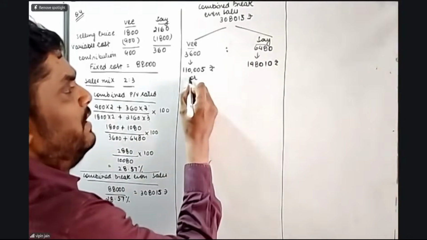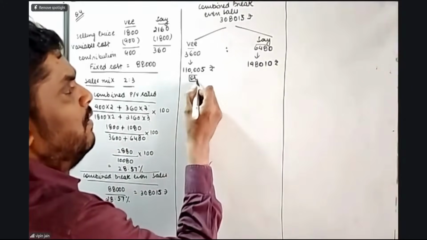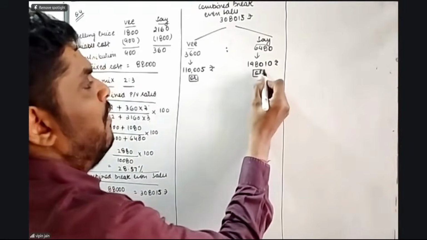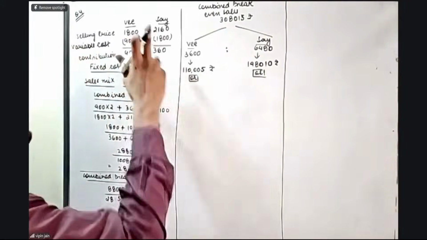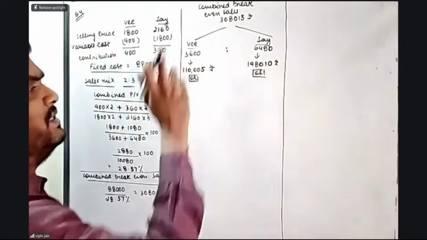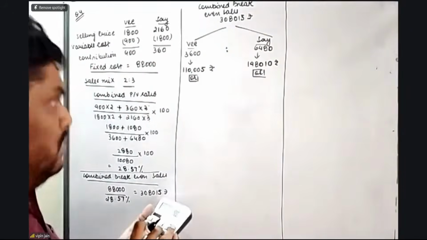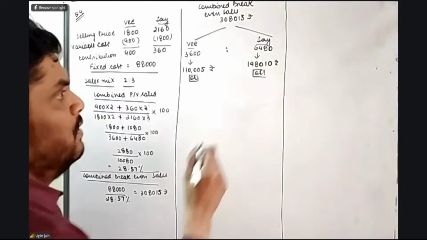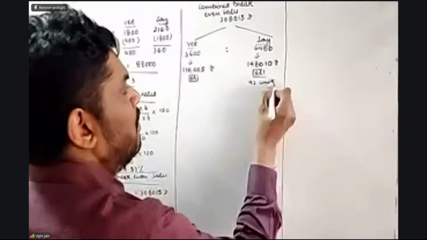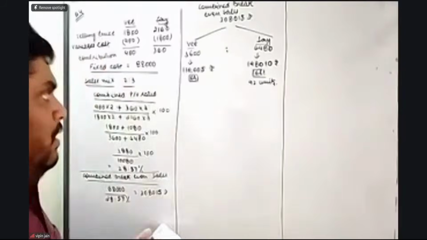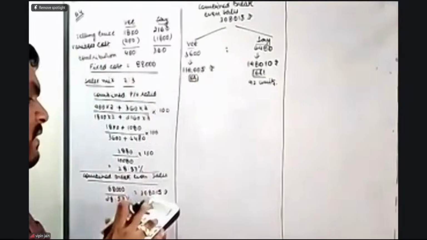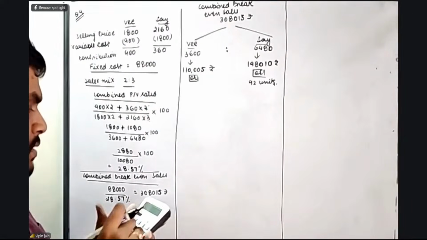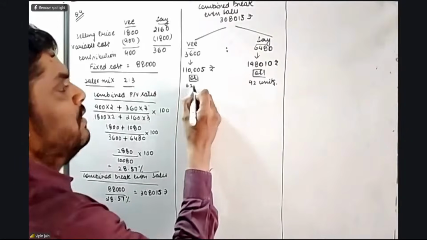If you want to calculate it in units also, we divide it by selling price, that is 1,800, and 2,160, we will get the units also. So this will be 92 units, and 1,10,005 divided by 1,800. This will be 62 units.